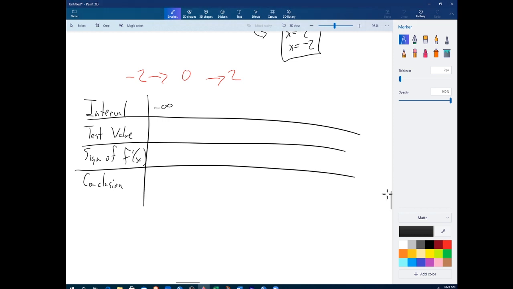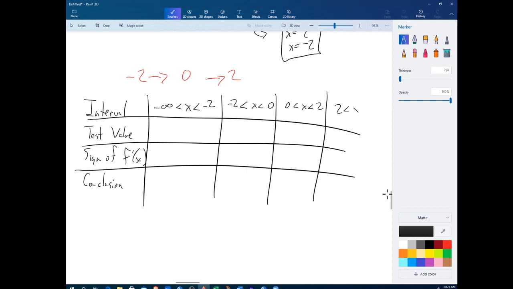I want to start from -infinity, because unless they tell me I have an interval, I'm going to assume that I can. And go to the first critical number. Then from the first to the second. From the second to the third. And from the third on to infinity.